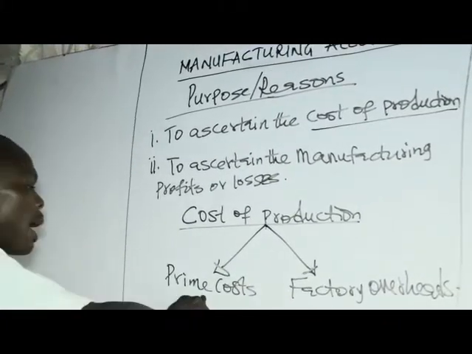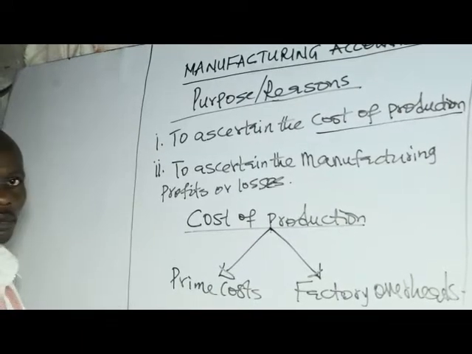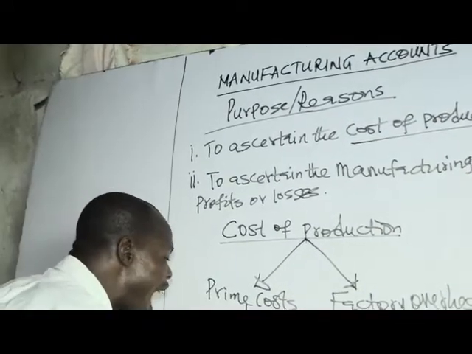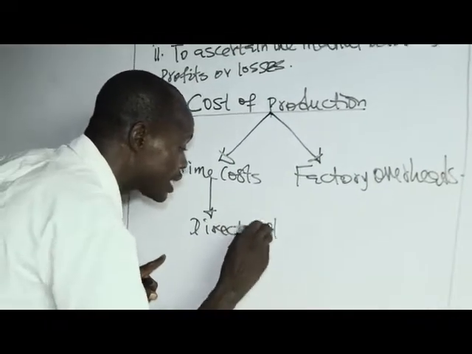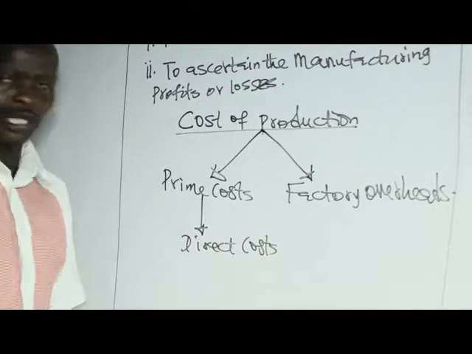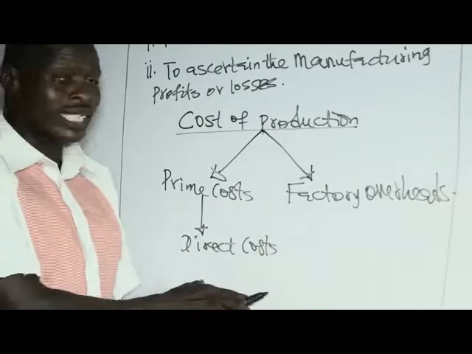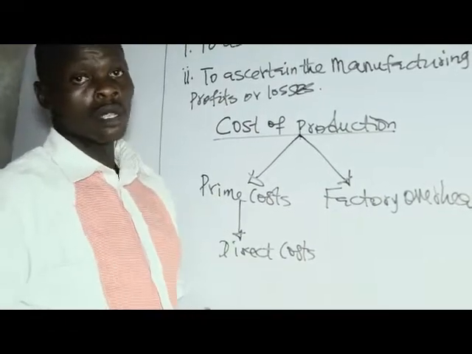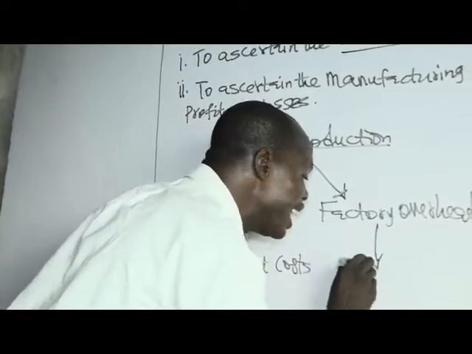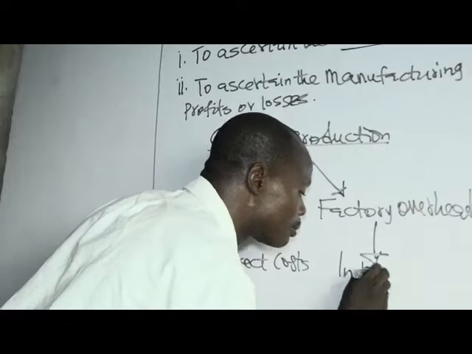What do you mean by the prime cost? Prime costs are the direct costs. While overhead costs are indirect costs.